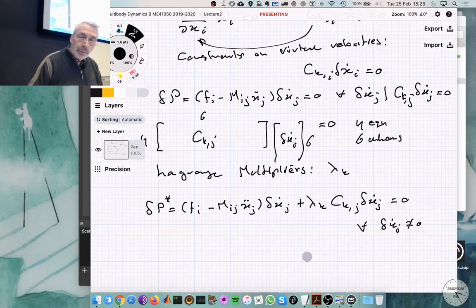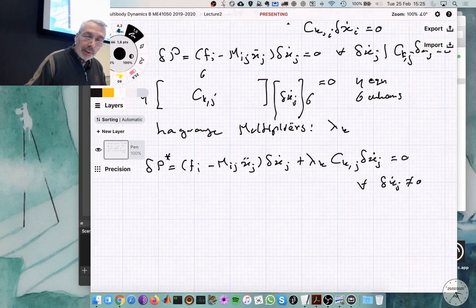You could read these Lagrange multipliers like penalties, or there are various ways to look at it. But I make it part of the equation. And the moment this is not 0, it's penalized by this lambda k. That's the whole idea.